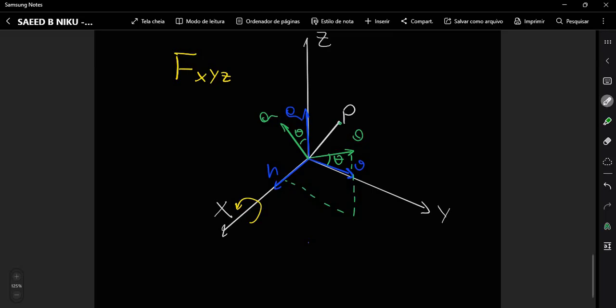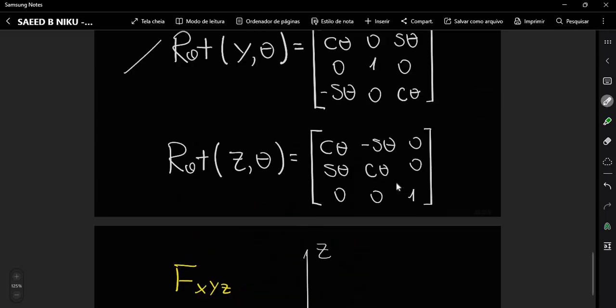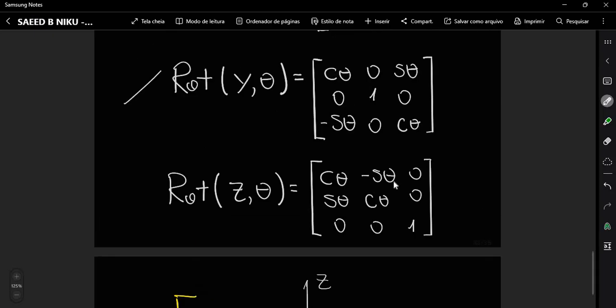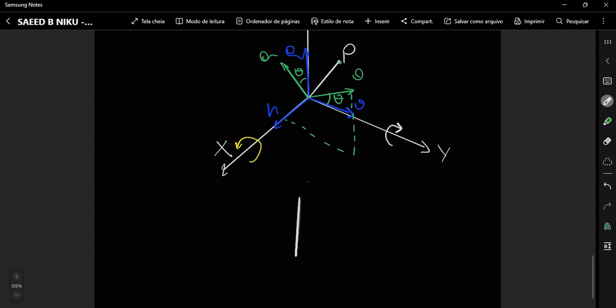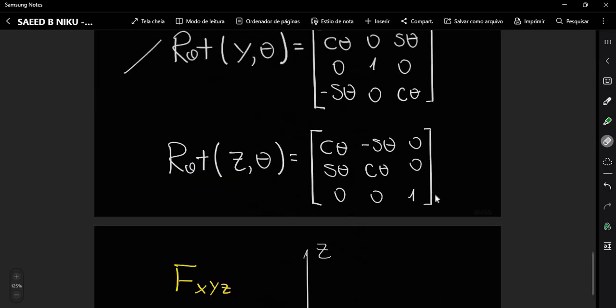The pure rotation movement is being done around this axis, and if we do this... But as we are applying above this axis, it will not have any change.